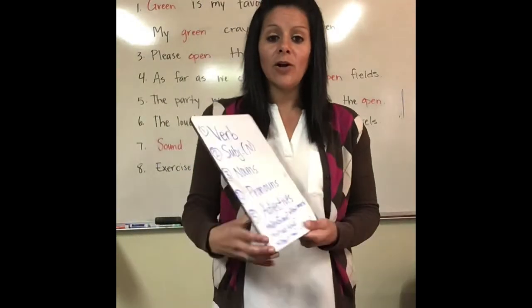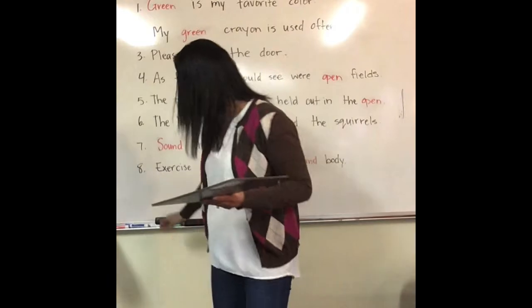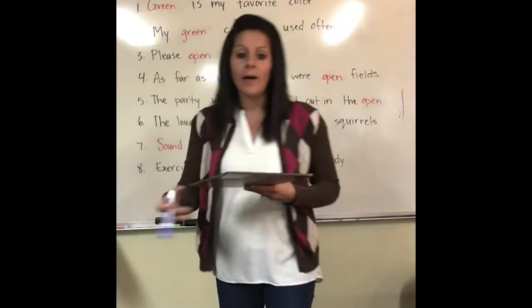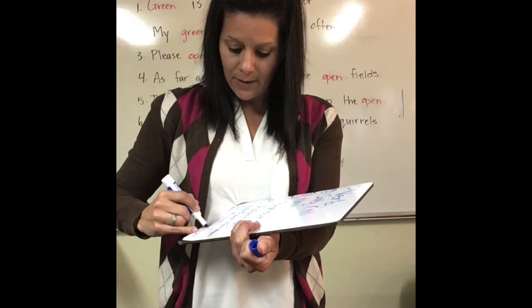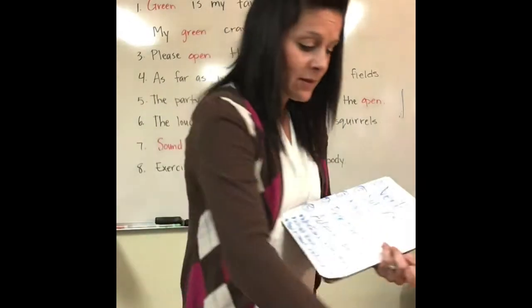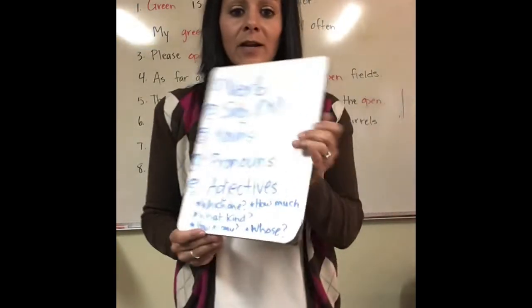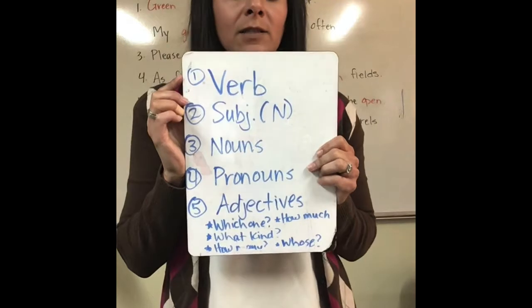So this should already be in your notebook, or your folder, I should say. And it's how to go through a sentence and be able to pick out the parts of speech. So let's go ahead and look at it one more time though. So the first thing we're going to look for is the verb.